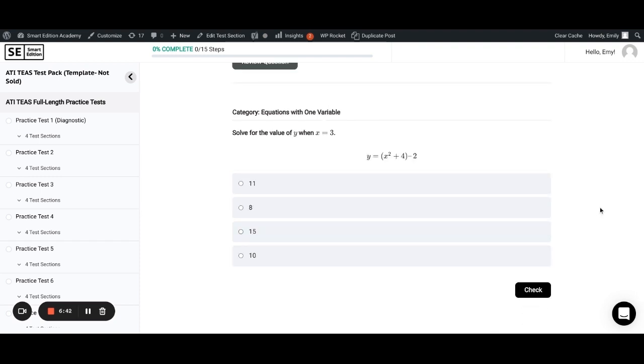Okay, guys, home stretch. We're almost done with this TEAS 7 math test. Okay. Equations with one variable. Solve for the value of y when x equals 3.